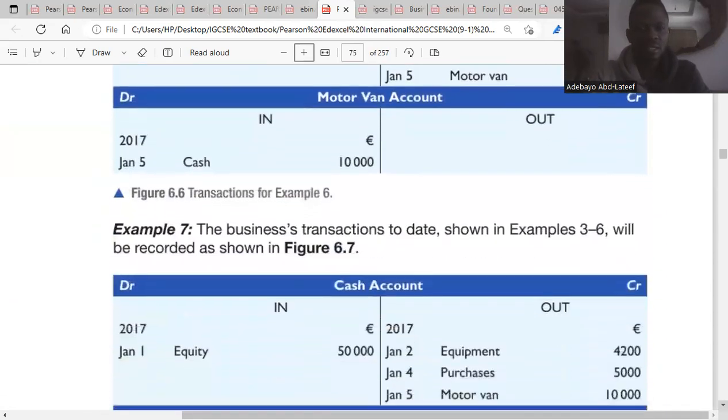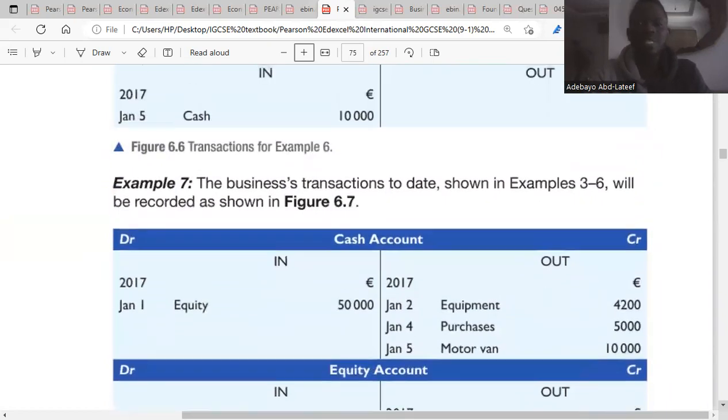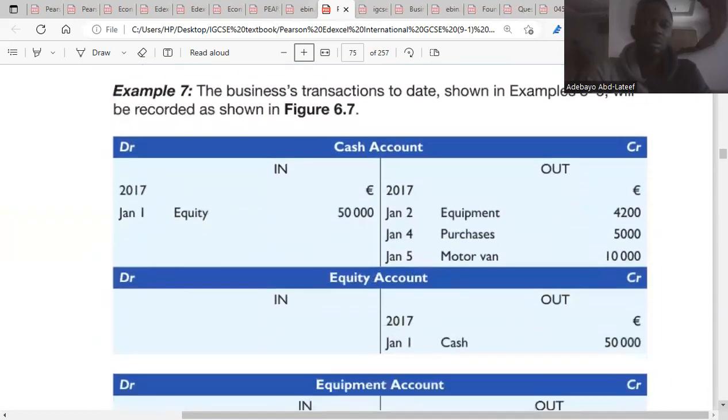So let us look at the business transactions to date. How many accounts are we going to have? We're going to have the cash account, which will comprise all the items that we purchased: equipment, purchases for the stock that we purchased, and motor van. They're all going to be on the credit side of our cash account, because these are what we paid for.